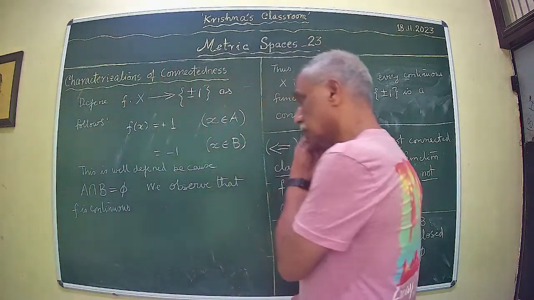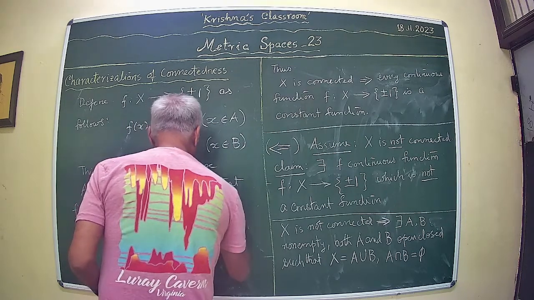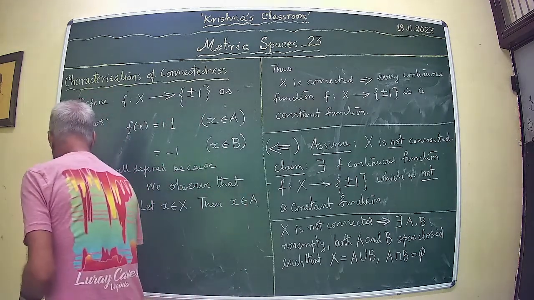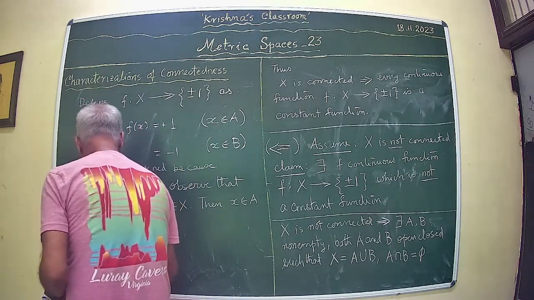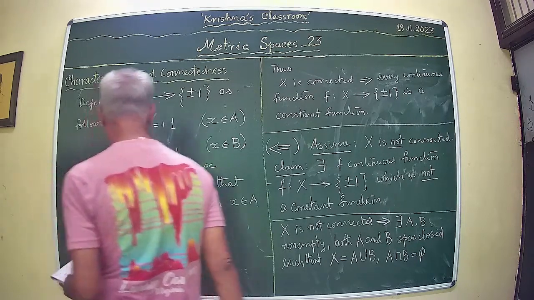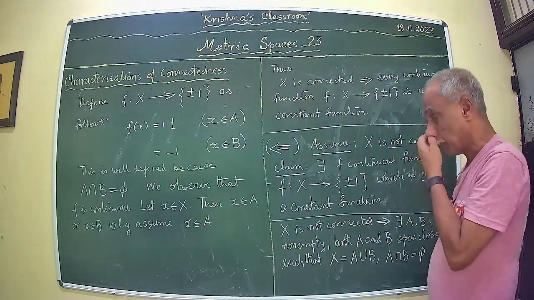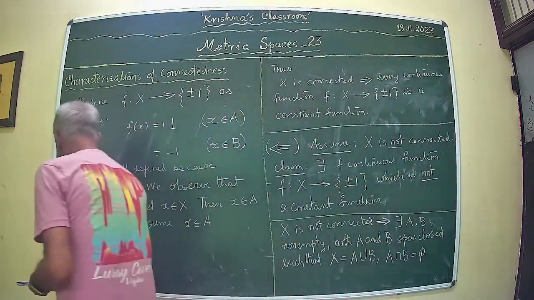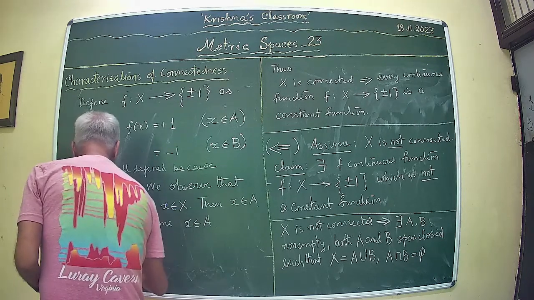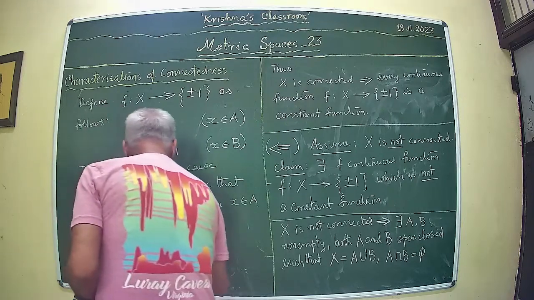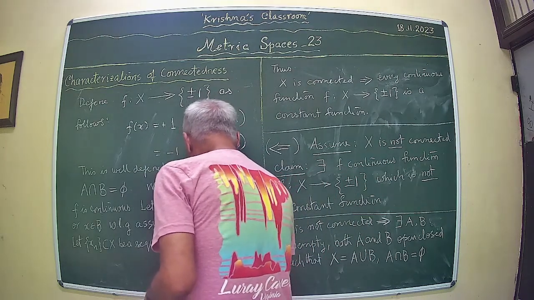Let me prove it as follows. Let x belong to X. Then x belongs to A or x belongs to B. Without loss of generality, assume x belongs to A. A similar argument you can use if you take x belonging to B. Let xn be a sequence such that xn converges to x.